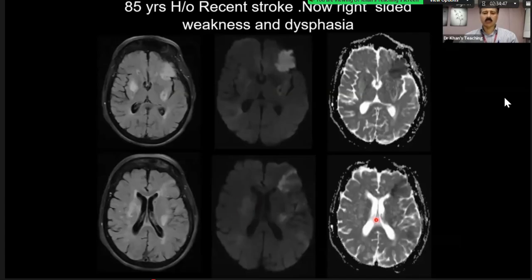And in chronic, this ADC, if you debate, part of this ADC is slightly high and slightly iso-intense. If you look at the parenchyma here, you will agree that part of it has got a subacute type of component or chronic component.